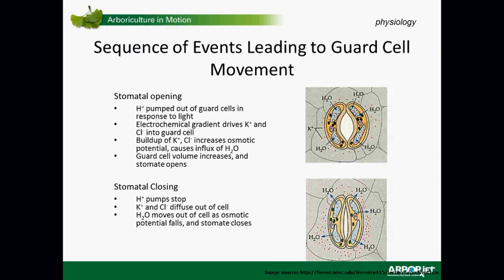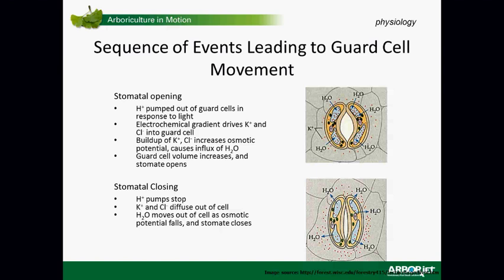So how does that occur? In light, there is an active pump, a hydrogen pump, that is very responsive to light. What happens is hydrogen ions are pumped out, and in response, potassium and chloride ions move across passively through the membrane into the guard cell.